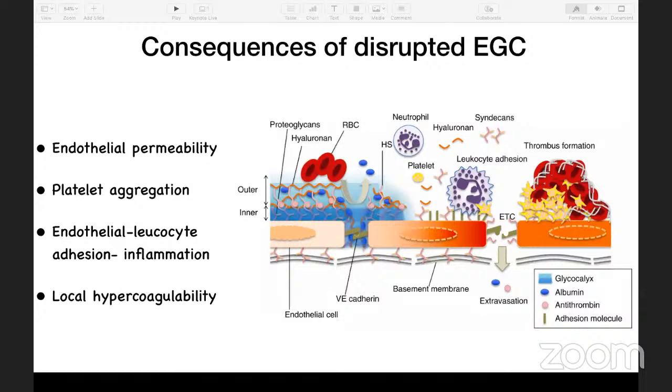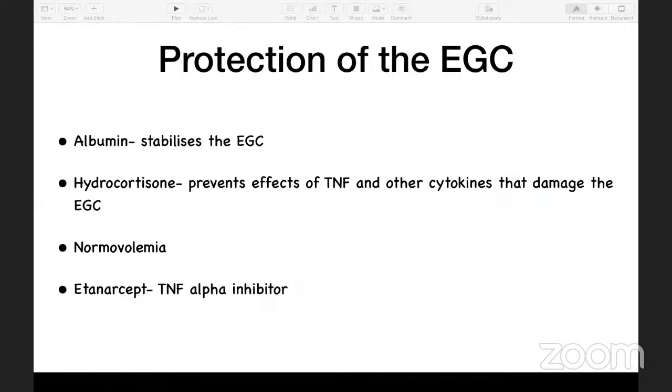So when the glycocalyx is damaged, this is what may happen: endothelial permeability is increased, platelet aggregation, endothelial leukocyte adhesion and inflammation, and then hypercoagulability. Those are the consequences of our damaged glycocalyx.